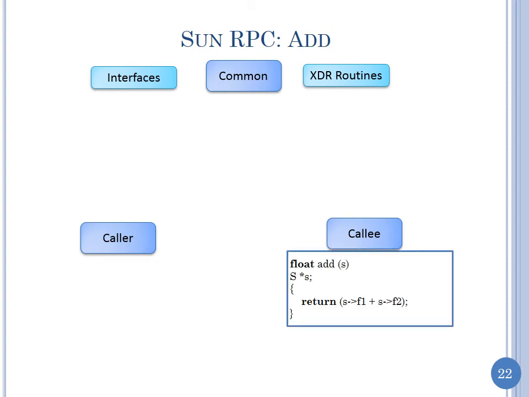So I mentioned that we want to do add. Add normally takes two arguments, but remote procedure calls take only one argument. But that argument doesn't have to be a primitive atomic value. It can be a structure. So we'll say add takes as an argument a struct in C, the two fields of the struct will be the two arguments, and it's going to return the sum of the two fields.